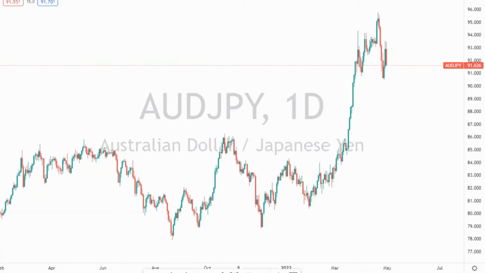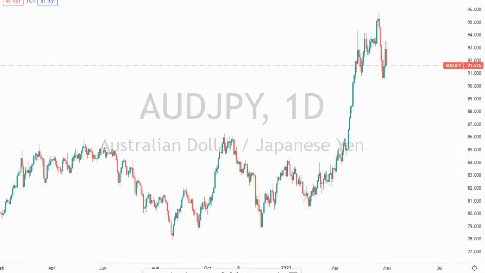So as you know guys, the first pair that we have is AUDJPY with the daily time frame. So we're starting from a daily time frame going down to a smaller time frame. So if you're analyzing with me at the same time, make sure that you follow and listen attentively.